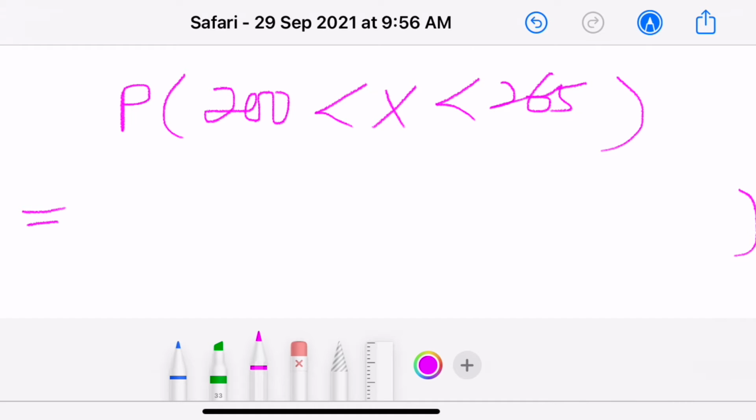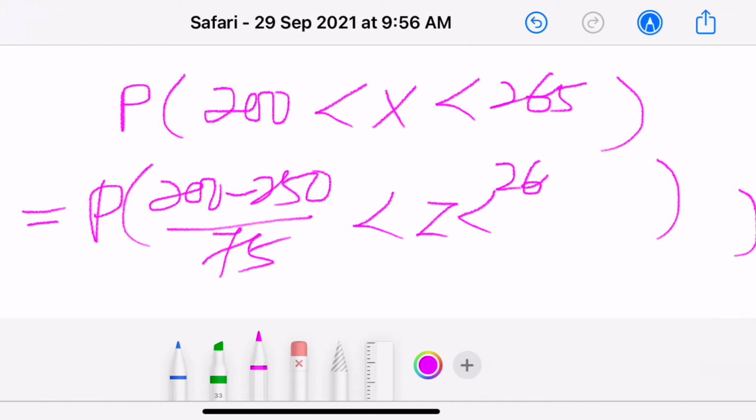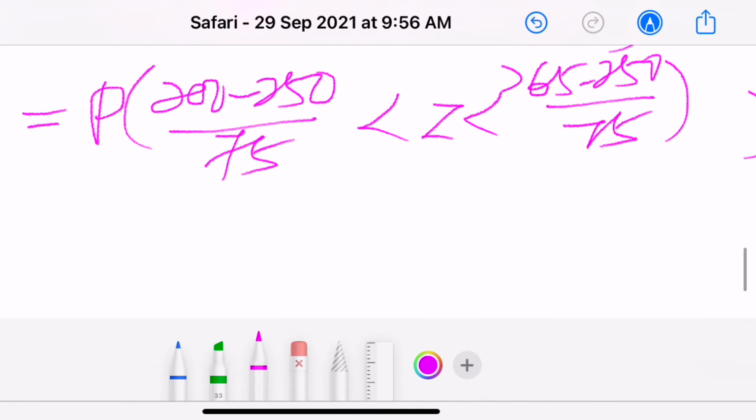Now, in order to find the probability, we need to convert to z-score. So we have to take 200 minus 250 over the standard deviation that we got just now, and 265 minus 250 over the standard deviation. Key into your calculator 200 minus 250 divided by 75.